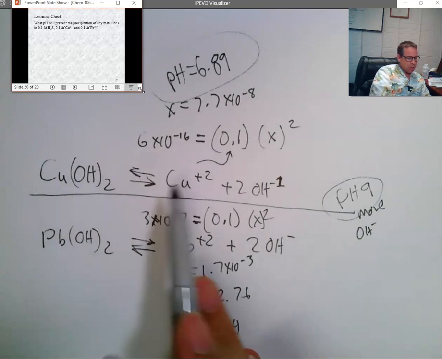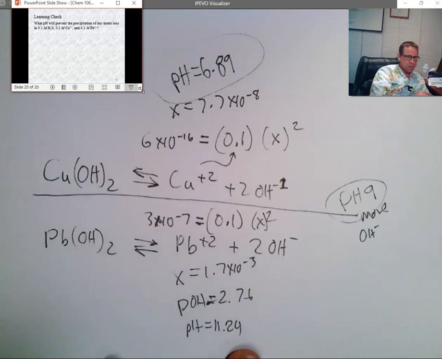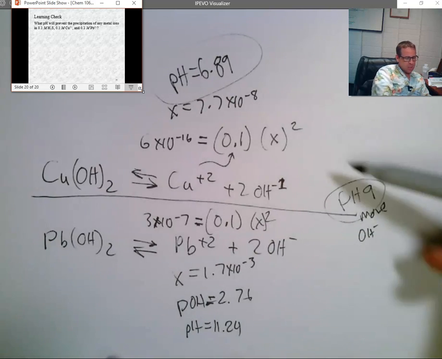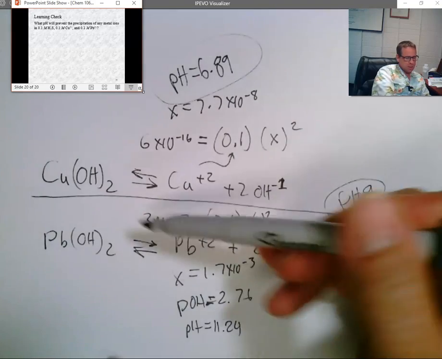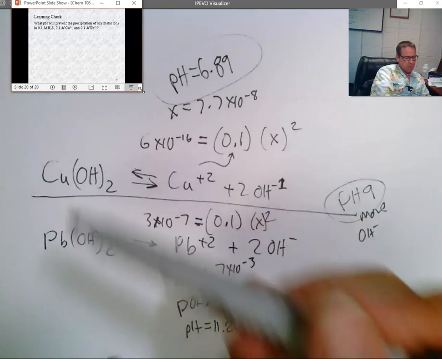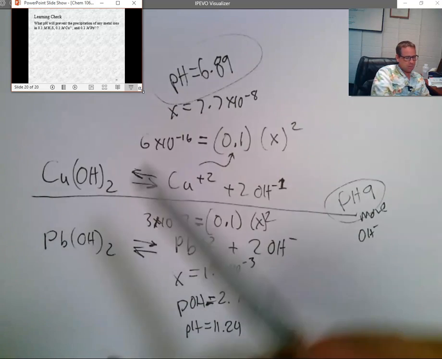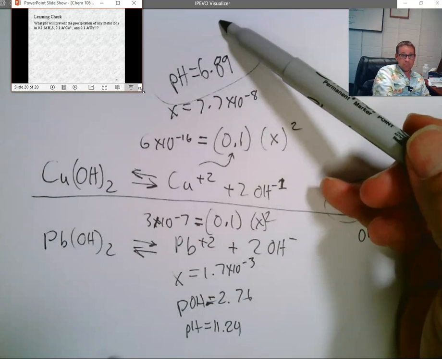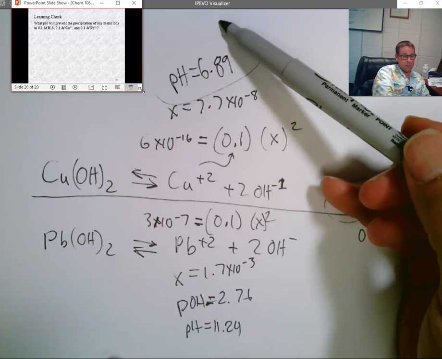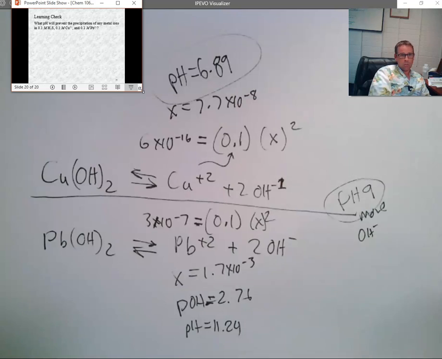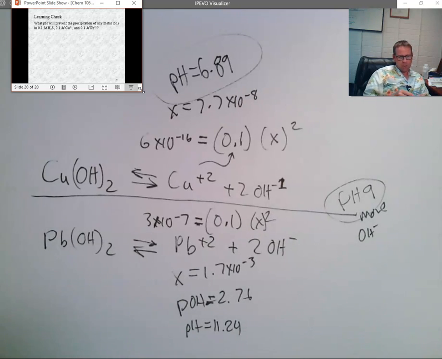And the more hydroxide ion is going to cause this reaction to shift to the left. Very good. So a pH in between these two would selectively precipitate out the copper over the lead. pH 5 wouldn't precipitate out anything. pH 12 would precipitate out both of them. Okay, very good. Any questions on that one?